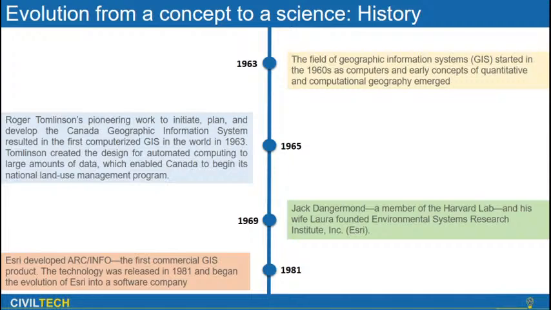The full form of ESRI is Environmental Systems Research Institute. So it is commercial software; ArcMap or ArcGIS, which we are using these days, was commercialized in the year 1981.